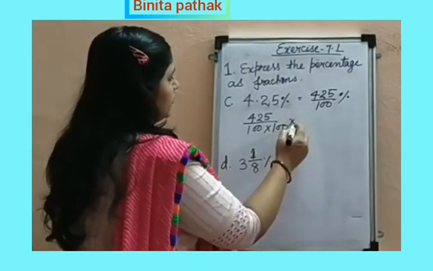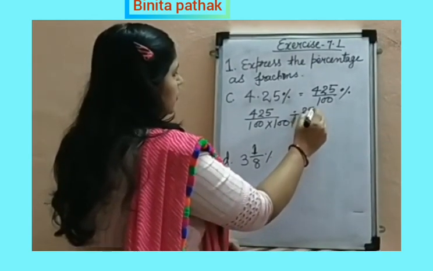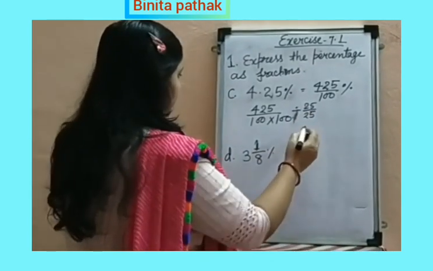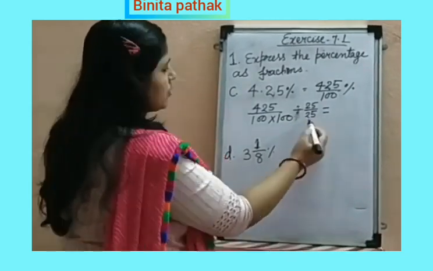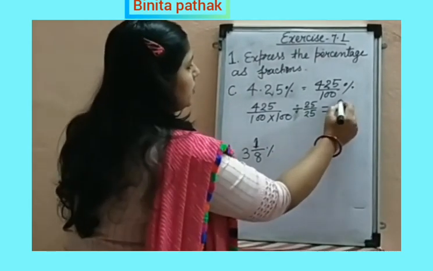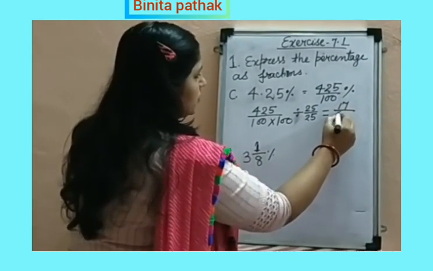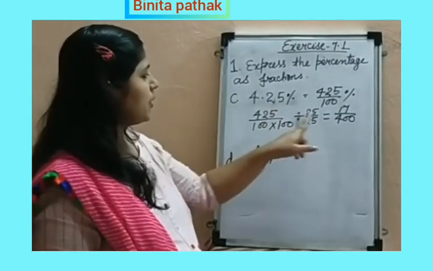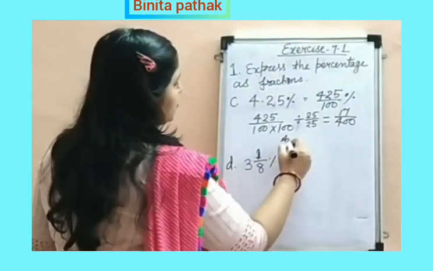When we divide it by 25, it will be 17 upon 400. When you divide the number by 25, the answer will be 17 upon 400.